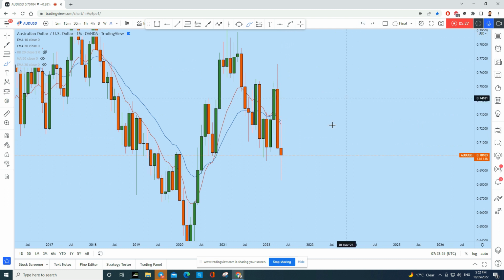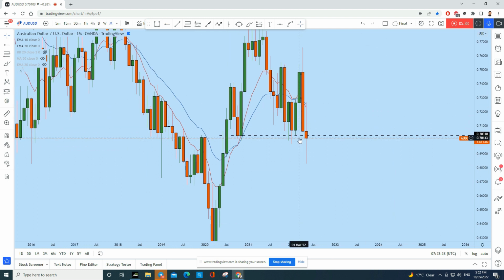This current month, the price came to this very, very important resistance. As you can see with this green candle, there is a monthly resistance, and the price is just now rejecting from this monthly resistance, and we can expect the price to continue to drop further down.